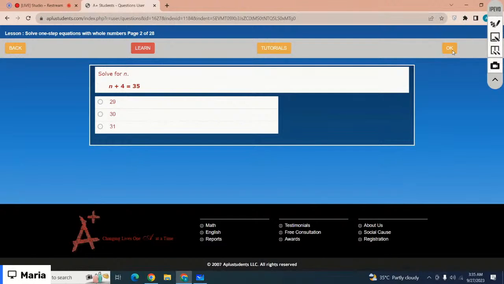Okay, n plus 4 equals 35. So which is the correct option?